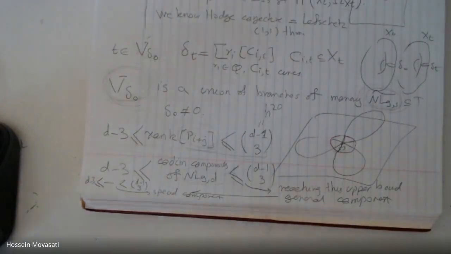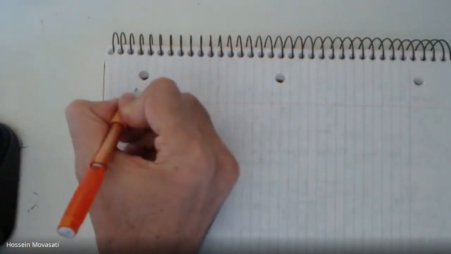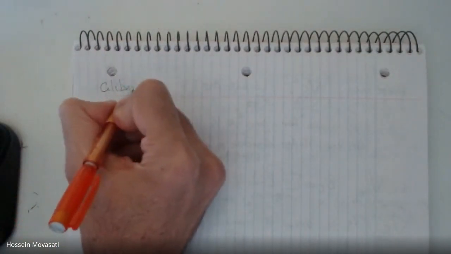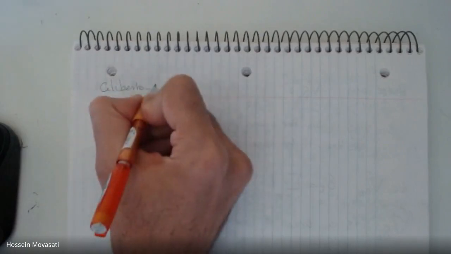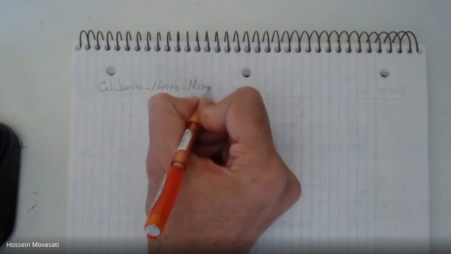Okay, so maybe before going to the topic of the course, about the density of components, the density statement that I told at the beginning. Actually, we will discuss this one: Ciliberto, Harris, Miranda.